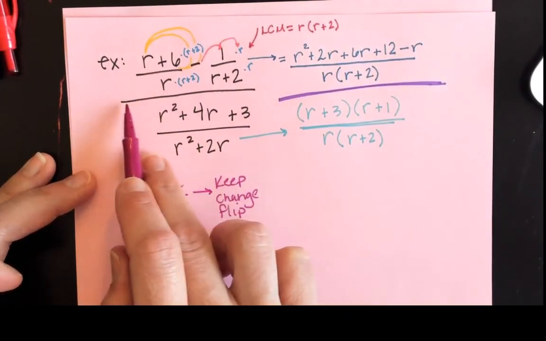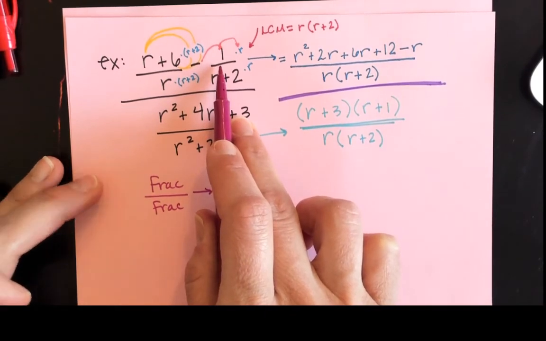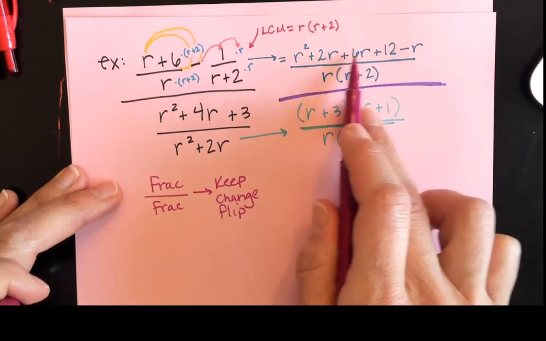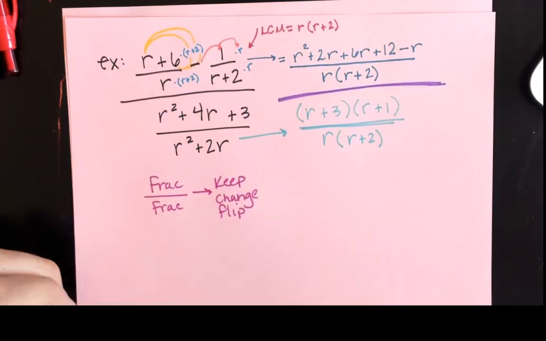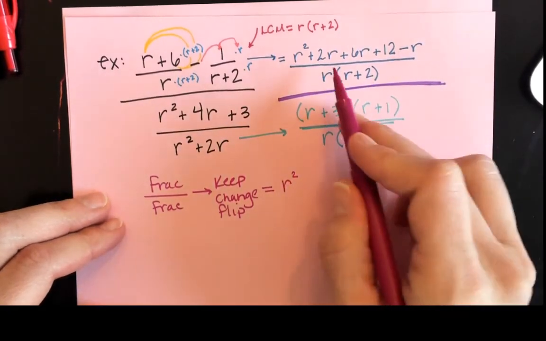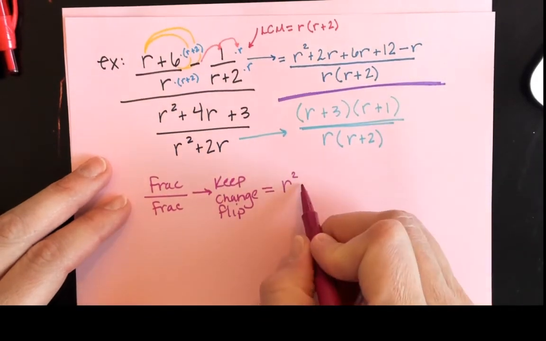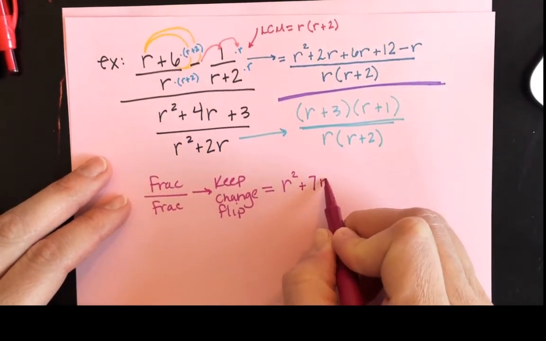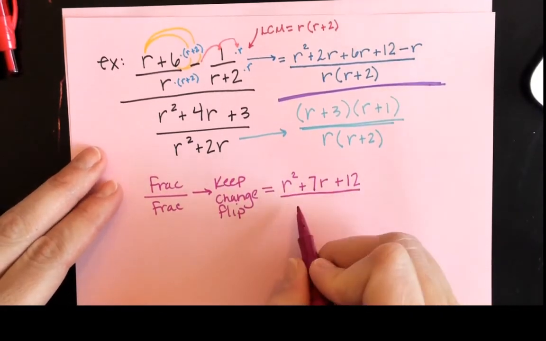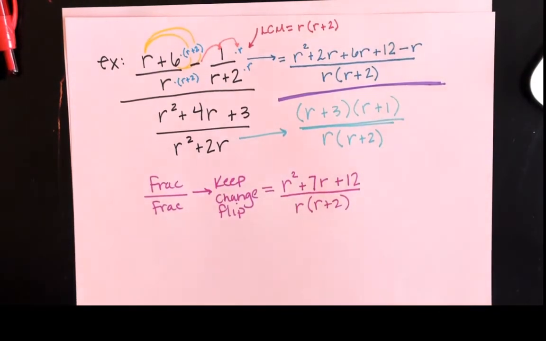When we were on top here to begin with, we had two fractions grouped in the numerator, only one in the denominator. So I had to make sure that I grouped that. So this is now going to be r squared, 2 plus 6 is 8, minus 1 is 7, plus 7r plus 12. And there's my go-to. That's kind of funny. r times r plus 2. The simple pleasures.